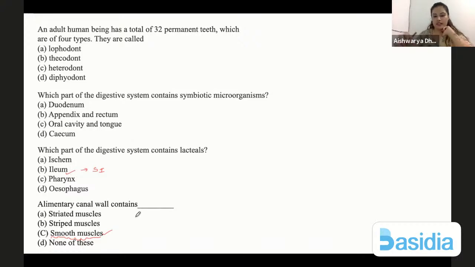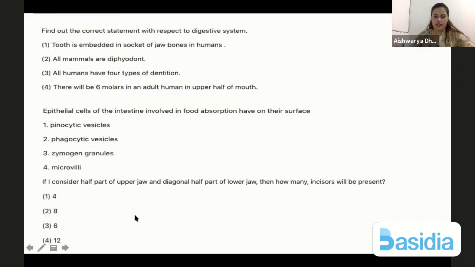All right. Moving forward, I hope there's no doubt in these questions. They are direct questions from whatever we've done till now. Next, find out the correct statement with respect to the digestive system. First, the tooth is embedded in the socket of the jawbone in humans. So this is correct, right?